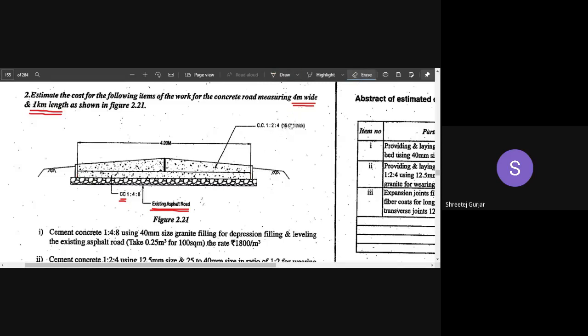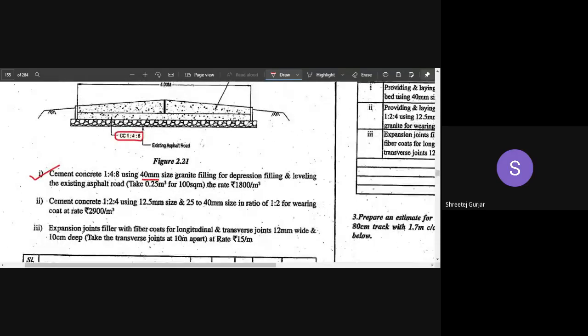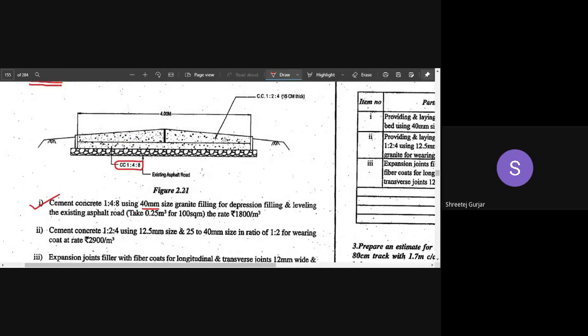Now, further some details they have given. Let us just go through those details. So cement concrete 1:4:8, that is this one, the bottom concrete, using 40 mm size granite, filling of depression, filling and leveling the existing asphalt road. Because this asphalt road is flexible, to provide a stiff basement for your top layer, they are providing this cement layer so that your top layer has some support to stand on.